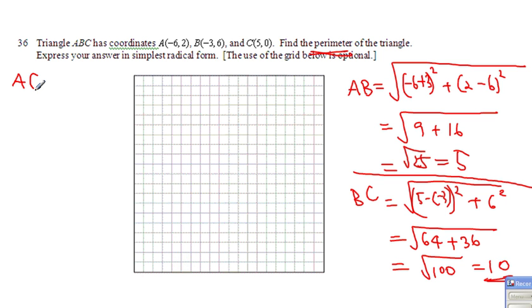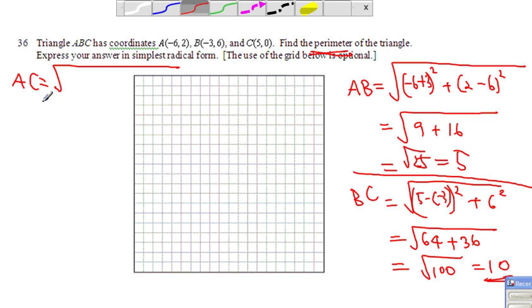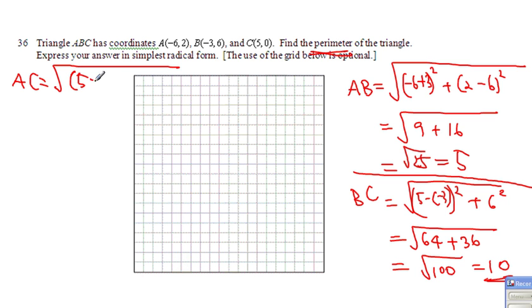Now we need to go for AC. I'll do AC right over here. AC. Now, square root of 5 minus -6 squared plus 2 squared.